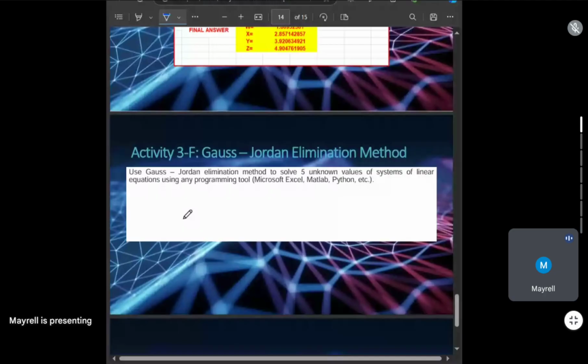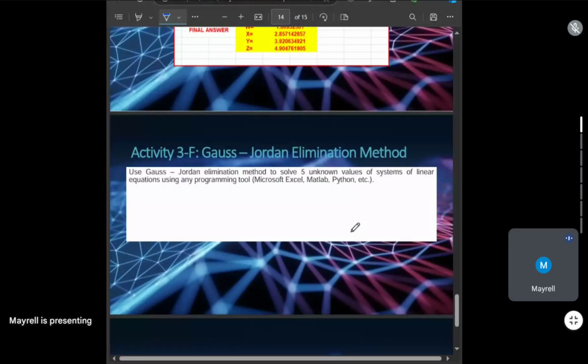Use Gauss Jordan elimination method to solve five unknown values of systems of linear equations using any programming tool. So you are going to use gihapon the same equations, the five equations with five unknowns nga inyong gigamit from your activity 1F and also your activity 2F.